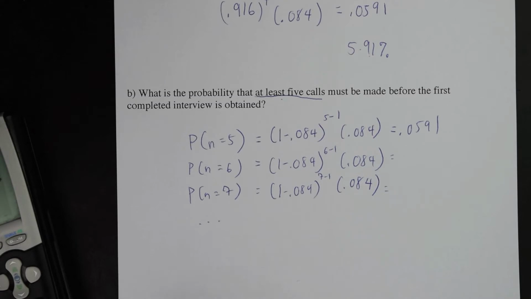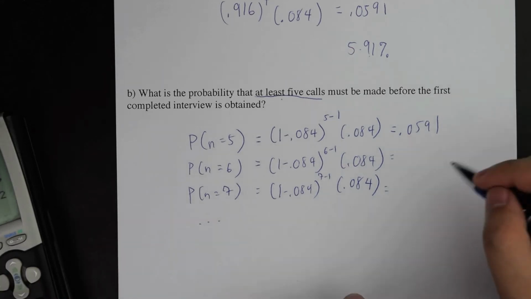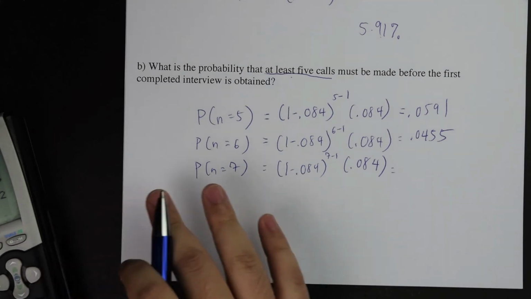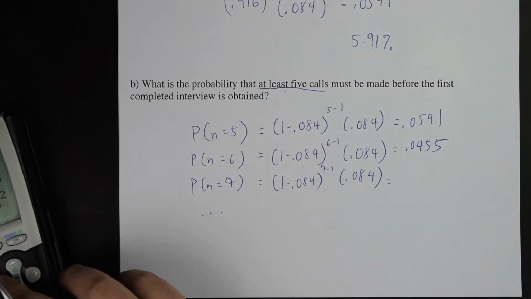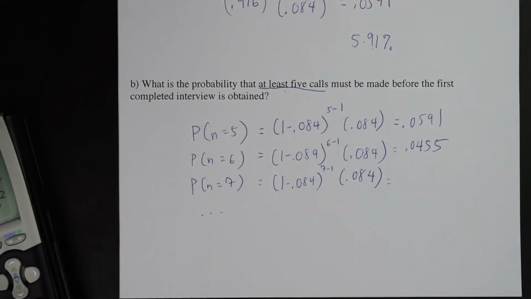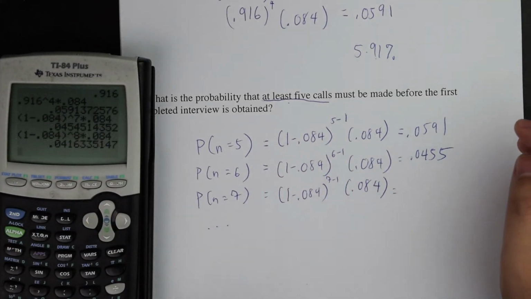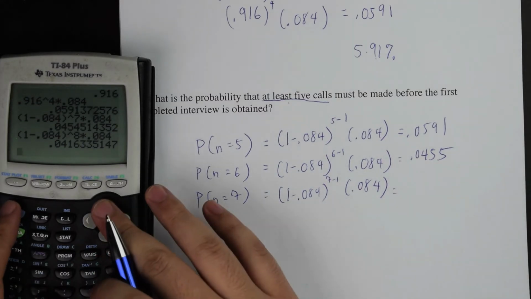So let me do these two and punch these in. 0.0455 and this one. I'm just doing a quick computation for you guys right here. If you notice right here. Whoops.